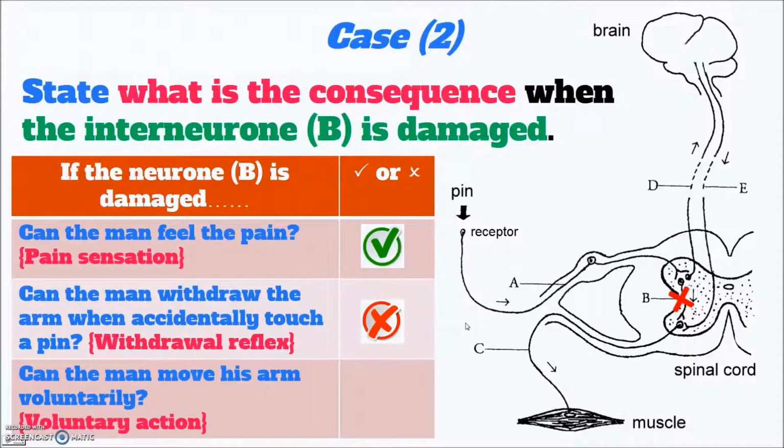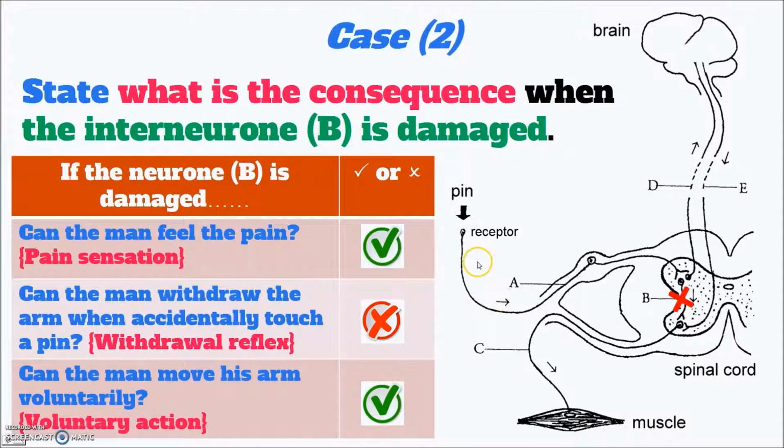So how about, can he move his arm voluntarily? Neuron C, the motor neuron, and neuron E are also complete, not damaged at all. So the nerve impulse can be transmitted along neuron E and then along neuron C to the effector. So that's why he can move his arm voluntarily.